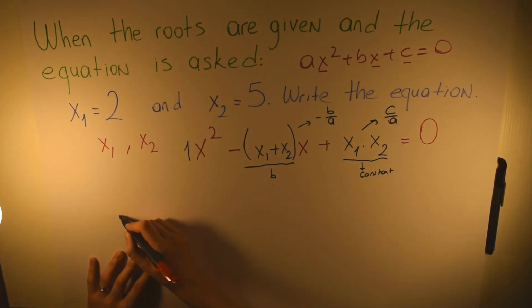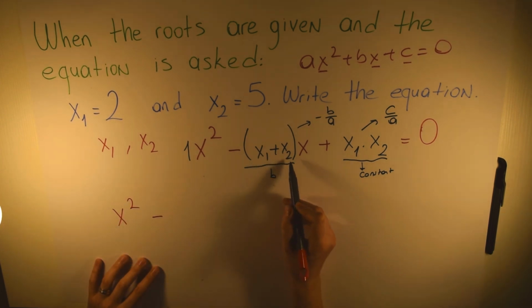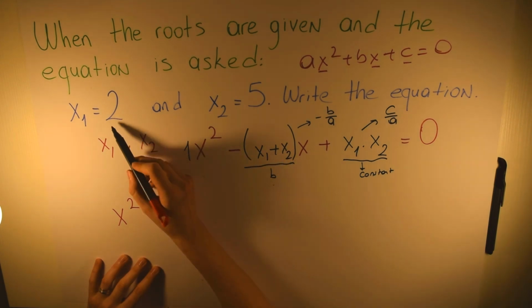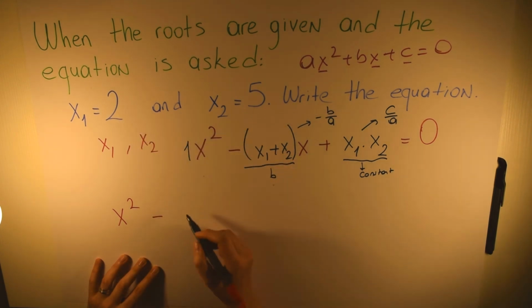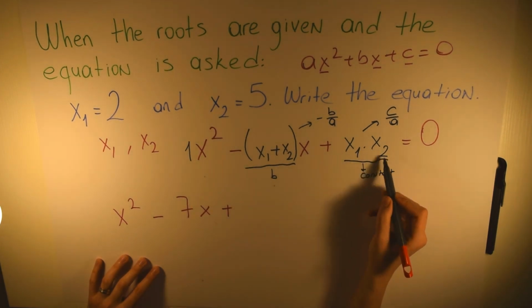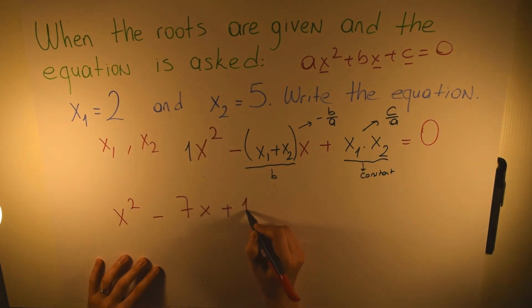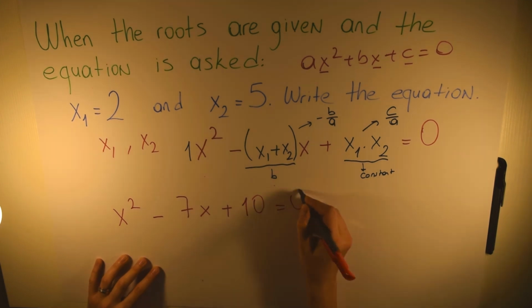So we will have x squared, okay, minus x1 plus x2, which is equal to 2 plus 5, 7x plus, and the product of these two, which is 5 times 2, is equal to 10, and this is all equal to 0.